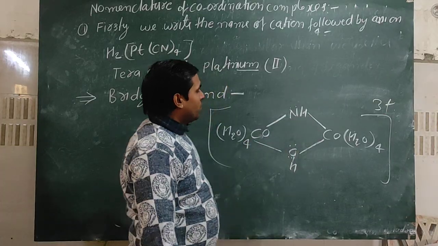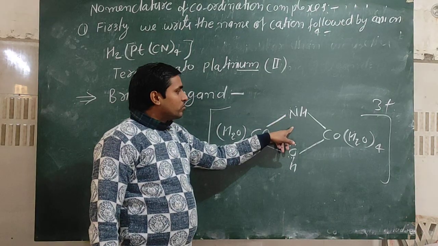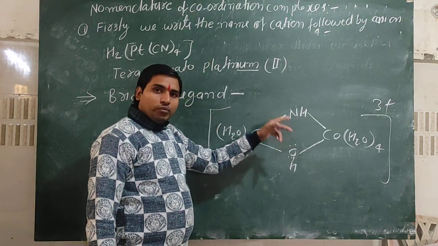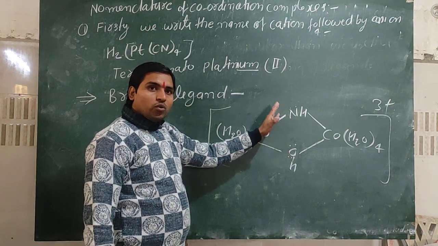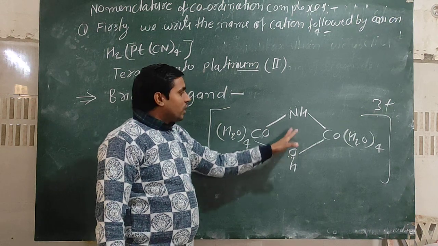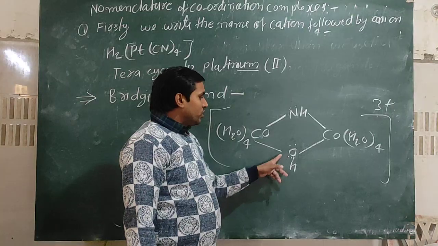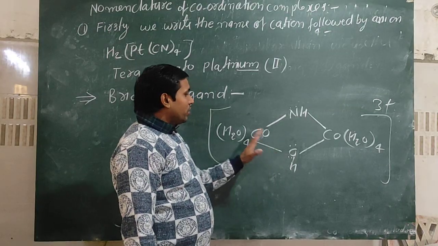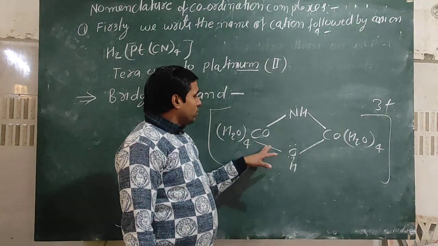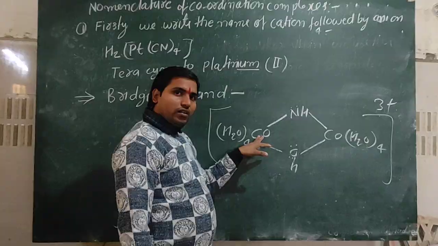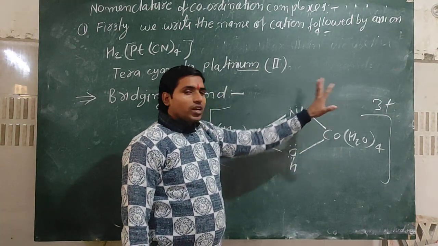For the naming of this type of ligand, firstly we use the word mu before the name of the ligand. If the ligands are similar, then the word mu is used 2 times. If they are not similar, then mu is used separately with each ligand name, and then we write the names of the other ligands in alphabetical order, and we write the name of the cation, meaning the central metal atoms, with their oxidation state.